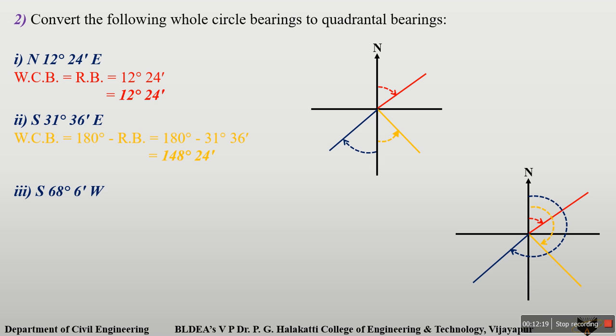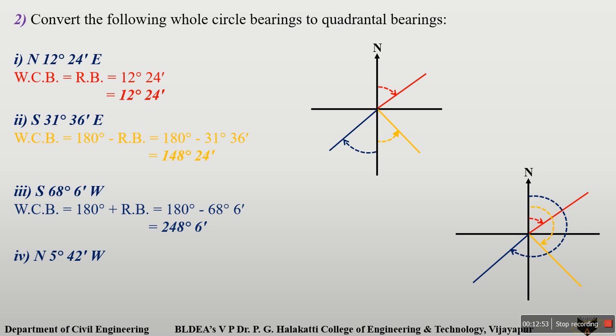So we have to calculate this much of bearing. So here our WCB formula will be 180 degree plus the quadrantal bearing value or reduced bearing. Put up the respective value, we will get WCB is equal to 248 degree 6 minutes. So again, sorry, we have to consider this sign convention is again positive. Already I have written here, so make a correction, here it is positive.